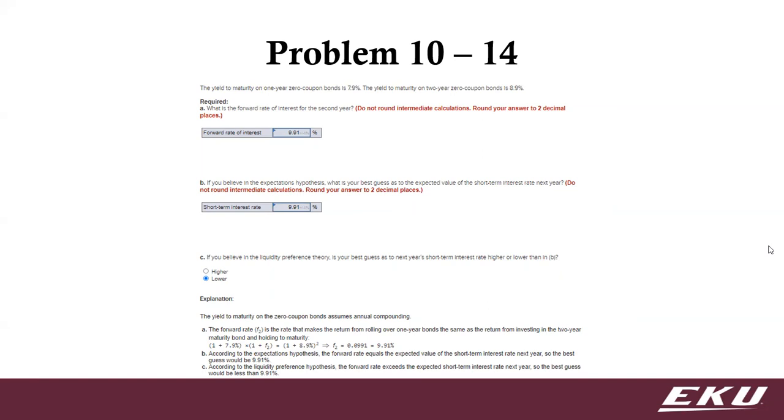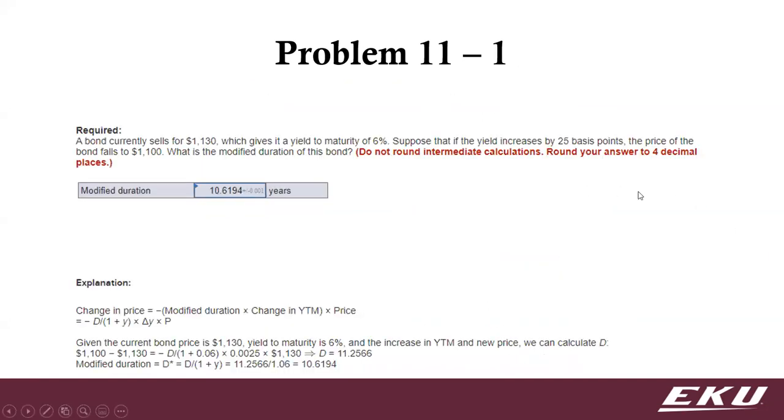Okay, so moving on to chapter 11. This is duration, or actually modified duration. They tell us what the current price is and what the yield to maturity is, that the yield is going to increase this much, and that the price of the bond is going to fall to that price, so we can calculate the change in the price of the bond. So what's the modified duration?